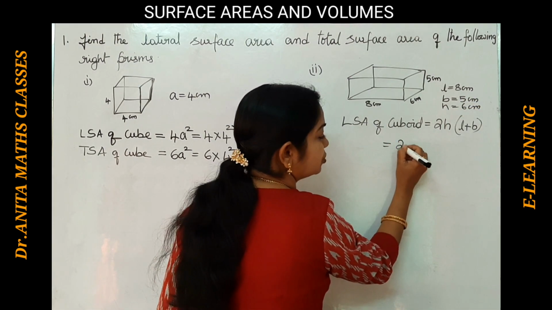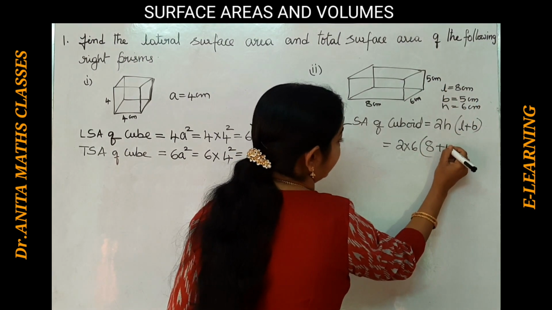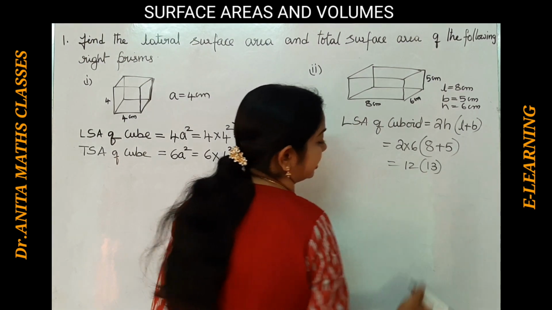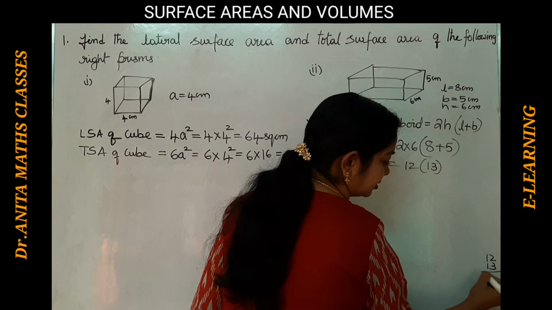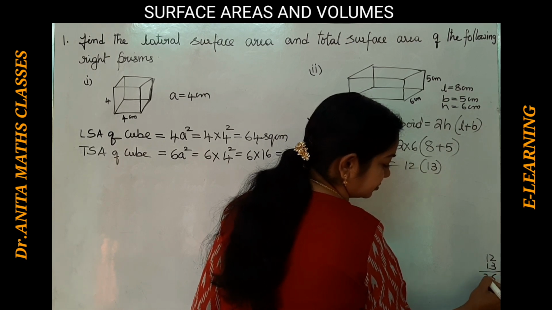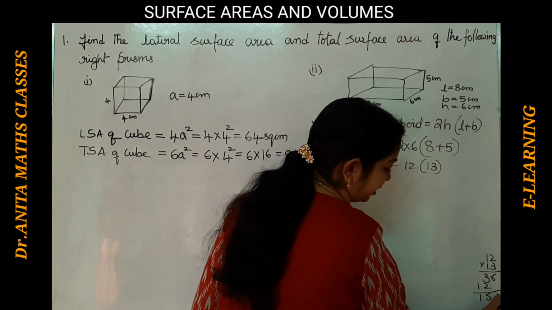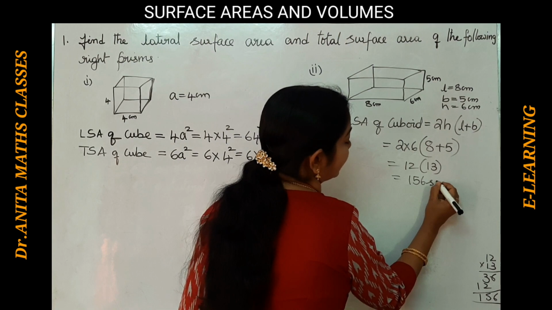So that is 2 into 6 into (L plus B), 8 plus 5. So 12 into 13. Right. We will do the calculation here. 12, 13s, 3 2s are 6, 3 1s are 3 and 12. So 156. So 156 square centimeters.